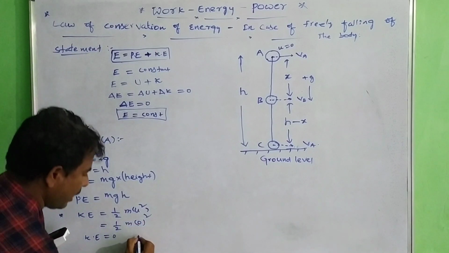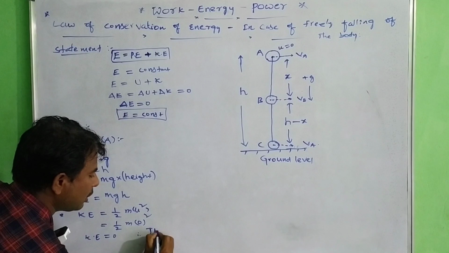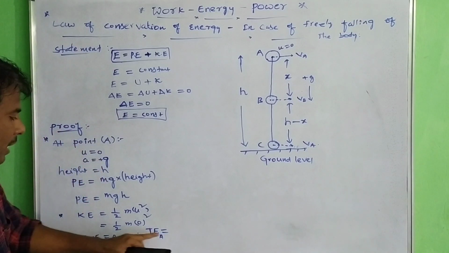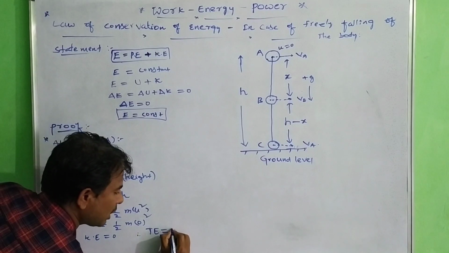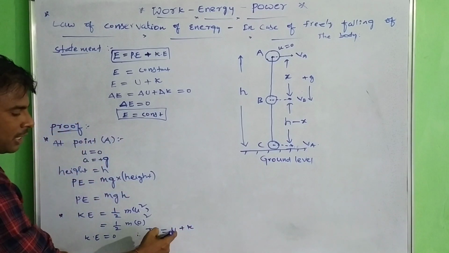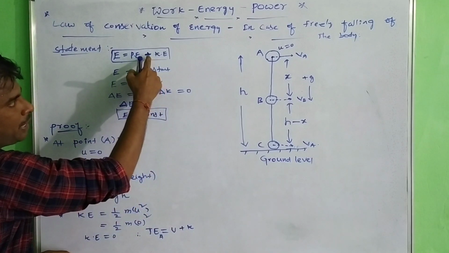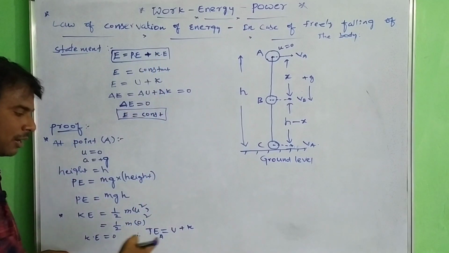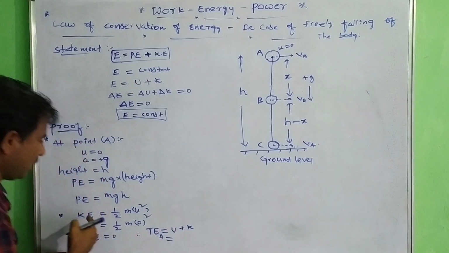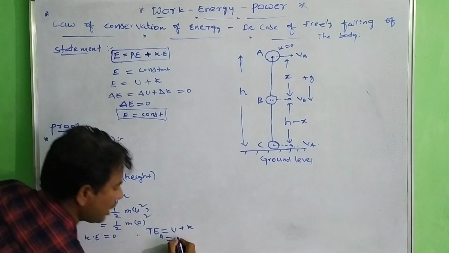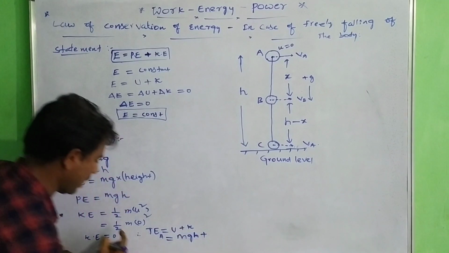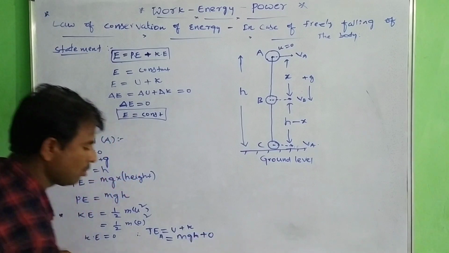Therefore, total energy at point A equals the sum of potential energy U plus kinetic energy K, or P plus KE. Potential energy is mgh, plus kinetic energy becomes 0.